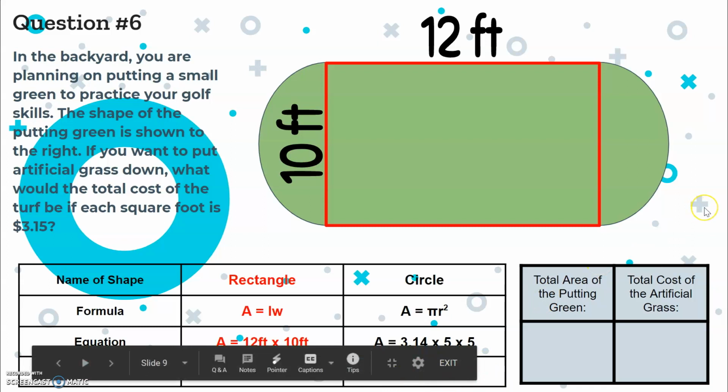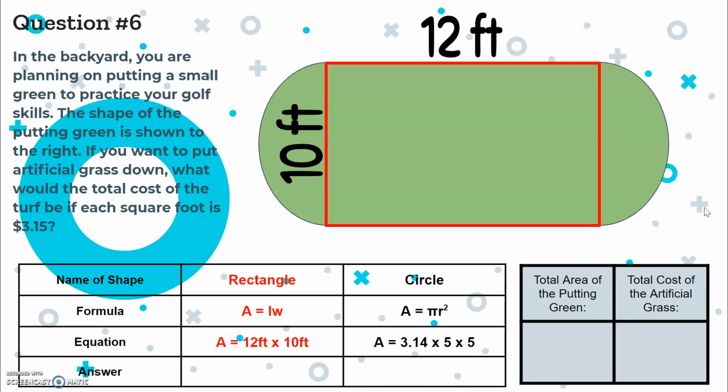down below. Then what I need to do is add the area of my rectangle to the area of my circle and put it in the total area of the putting green over in the right side over here in this gray area. I take that and I multiply it by $3.15 to give me the total cost of the artificial grass that I'm wanting to buy to make this putting area for my golf.